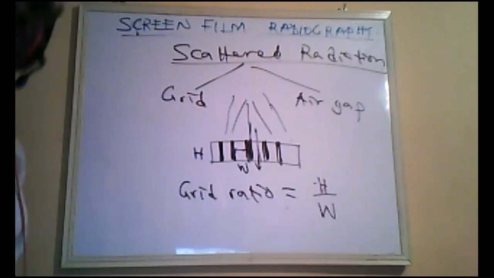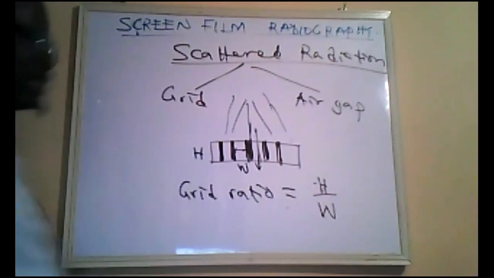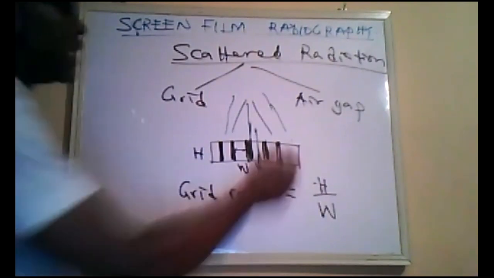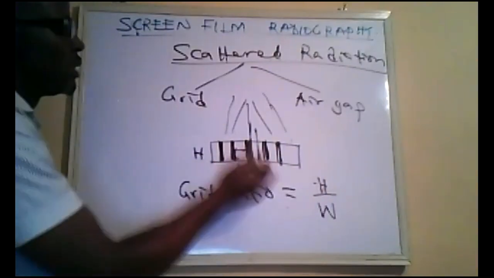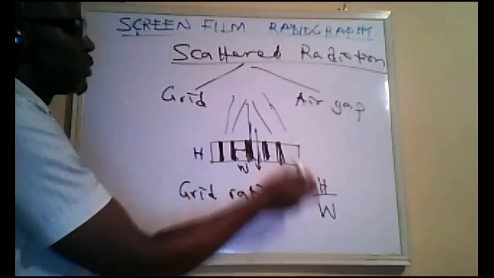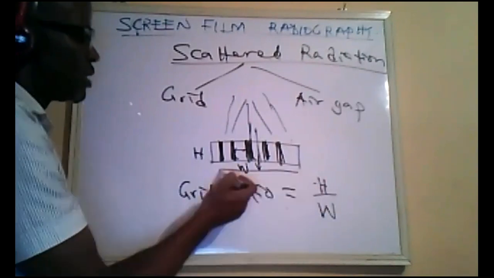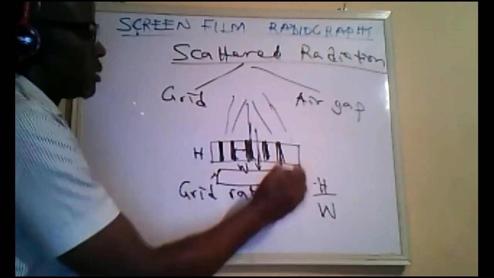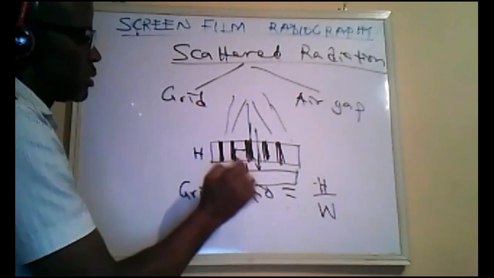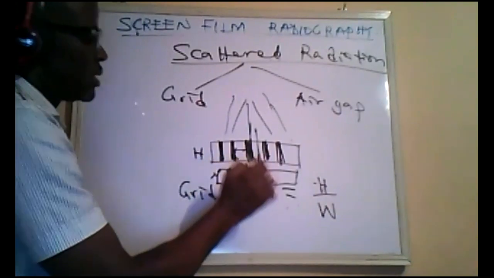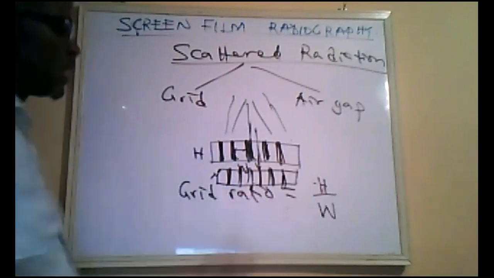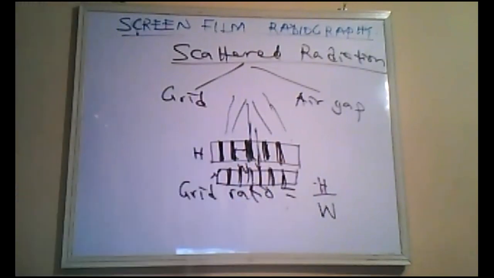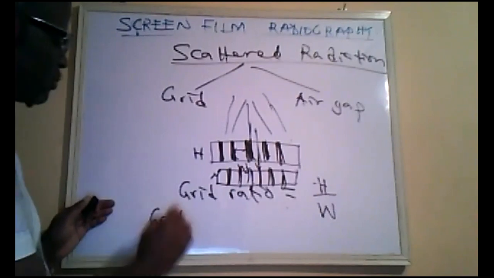And while the grid frequency is the number of these bands per length of this grid, that is the number of these bands. Some grids may have the same band, may have less, at least this space here is less of the same H. That gives us a grid frequency.